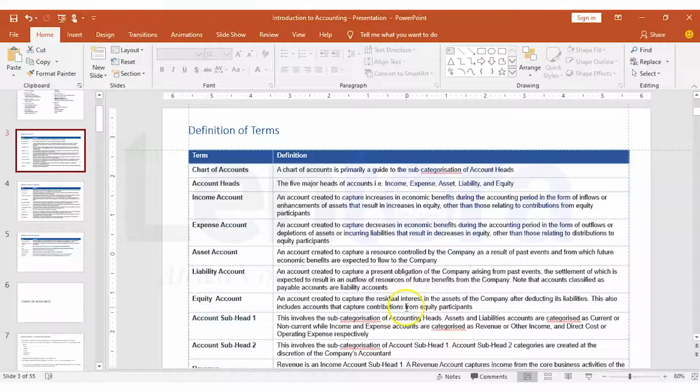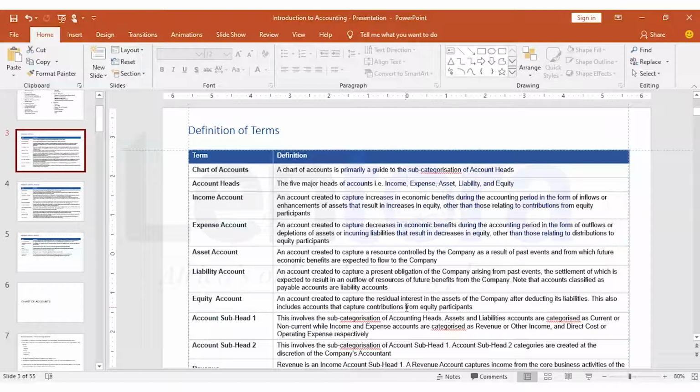Now, equity is a residual interest. When you own something and you take out what you owe, what is left is regarded as equity. So equity is a residual interest in the assets of a company. When you have an asset and take out the liability, what is left is the residual interest of the owners of that entity. In a company where there are no liabilities, it is 100% equity.